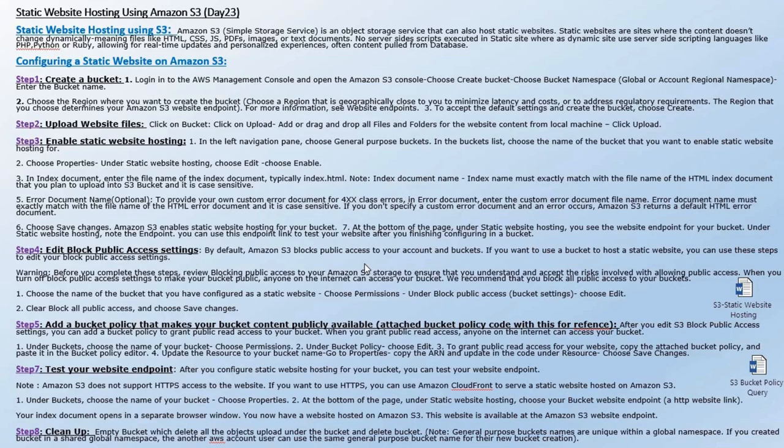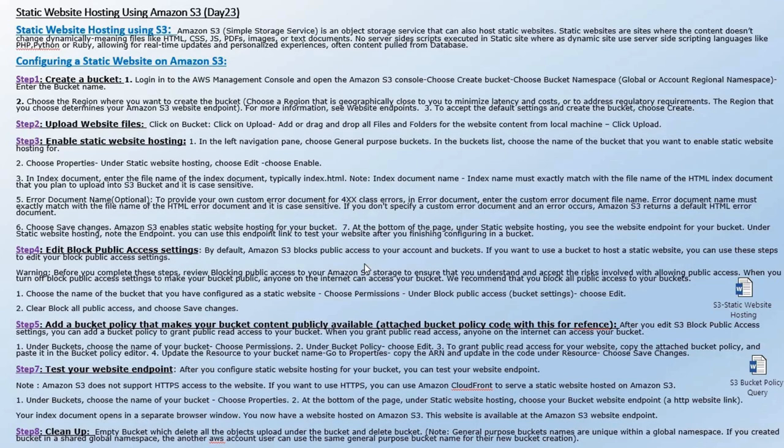When we enable the static website hosting option, we need to provide the index document name, which should exactly match the file name of the HTML index document that we uploaded to the S3 bucket.